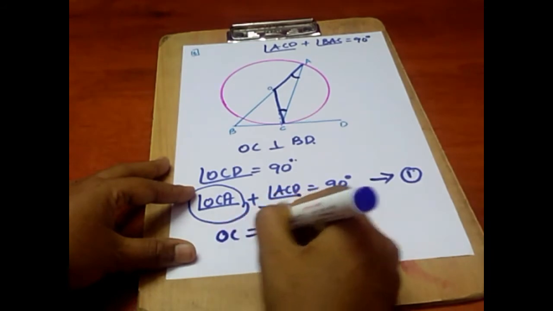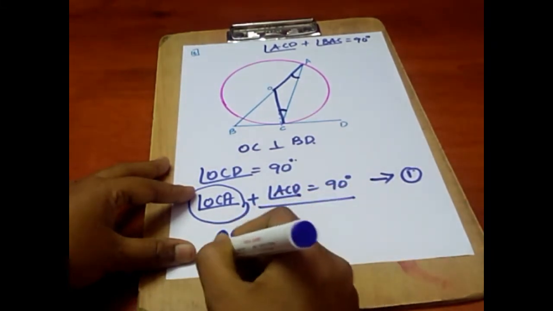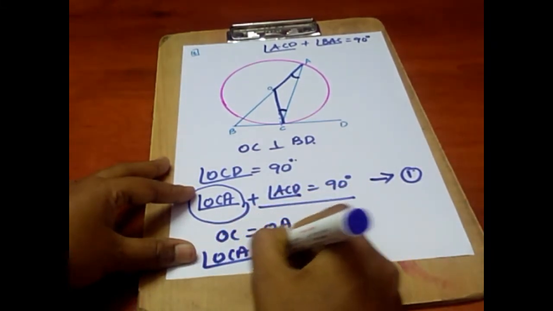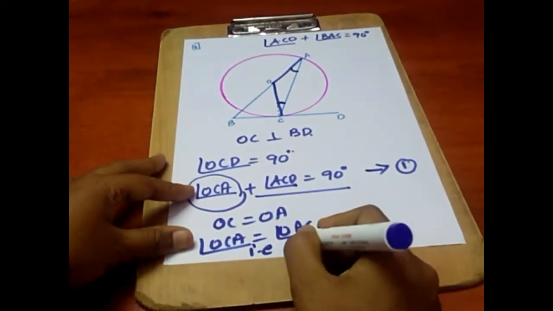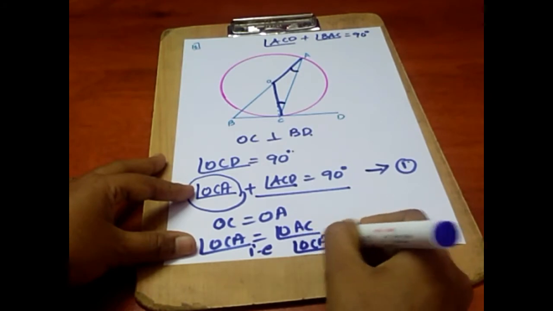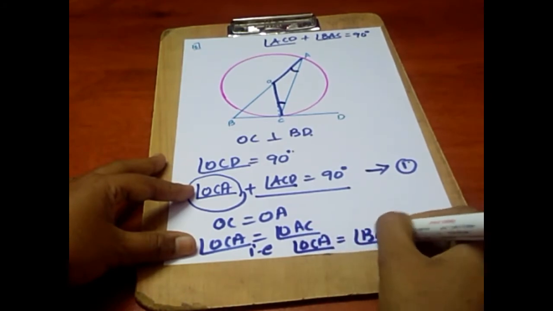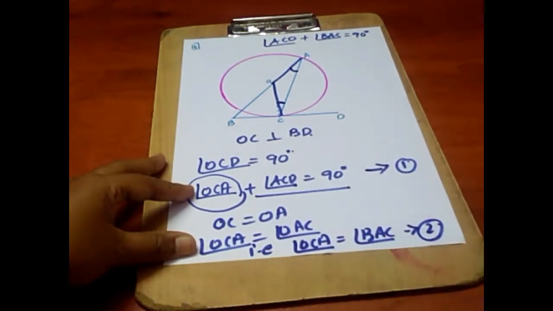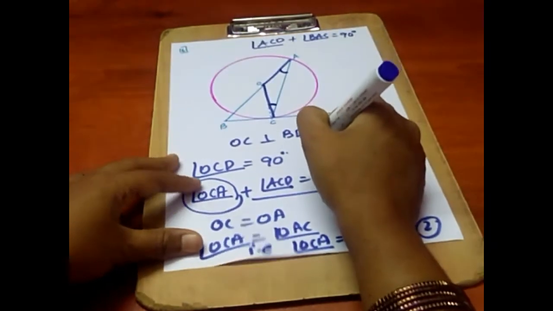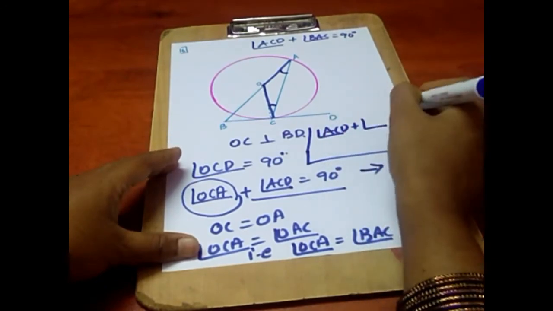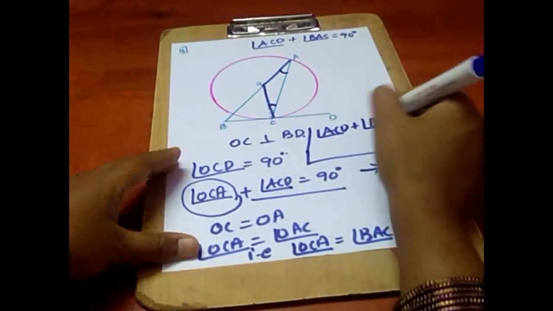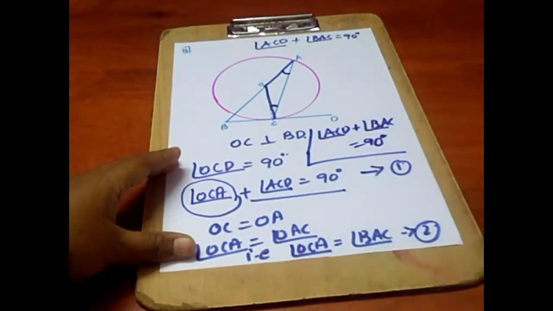Let us write that OC is equal to OA, hence angle OCA is equal to angle OAC, that is angle OCA is equal to angle BAC. Result number 2. So from 1 and 2, angle ACD plus angle BAC is equal to 90 degrees.